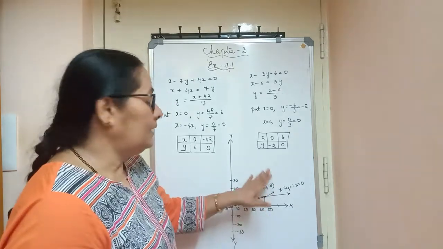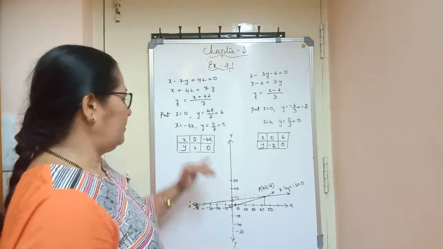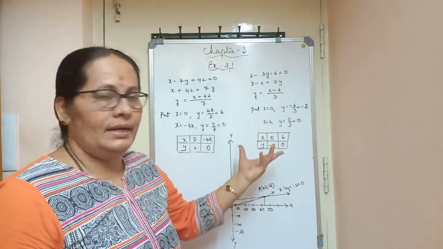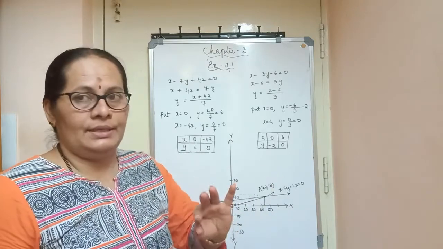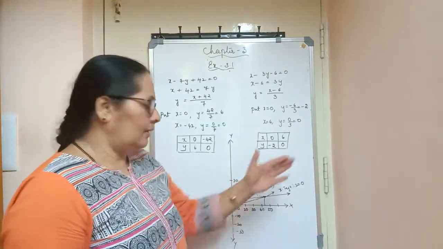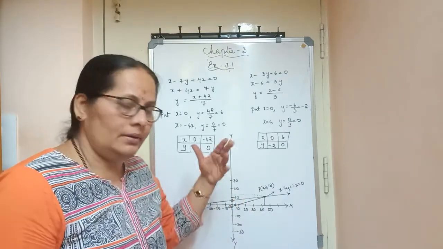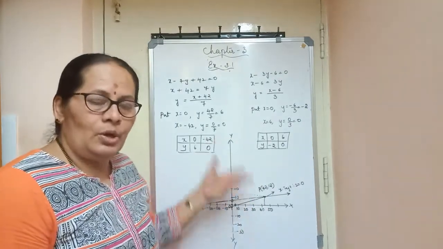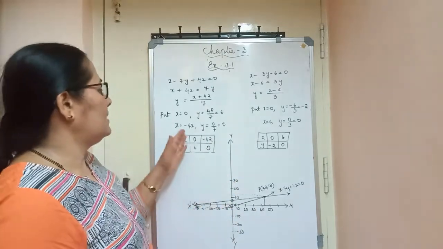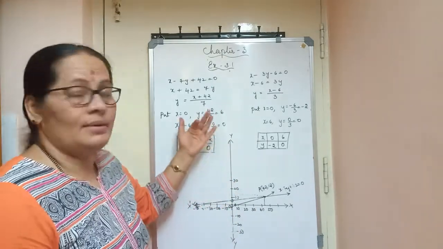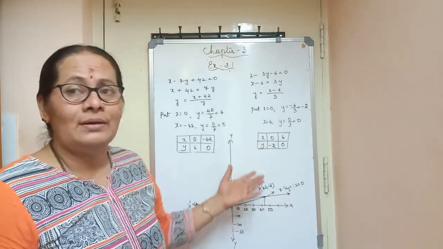The thing is, whenever finding the coordinates, it is better to find one coordinate in which x is 0 and the other coordinate in which y is 0. If you find it like this, then the lines will intersect the axis in the correct position or place, and you will get the exact value. If you take some other values, then sometimes there are chances of getting fractions that will be a little bit difficult to locate.